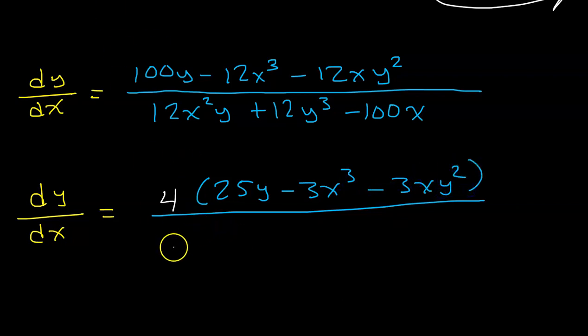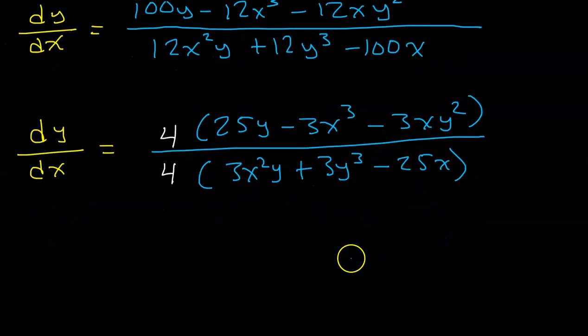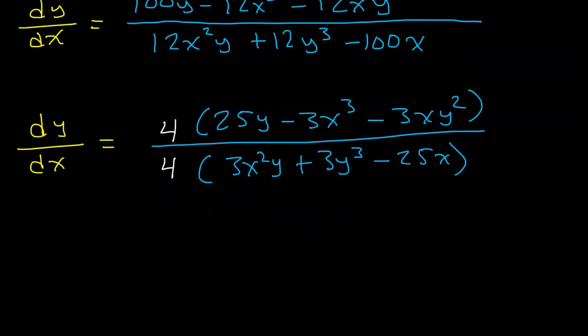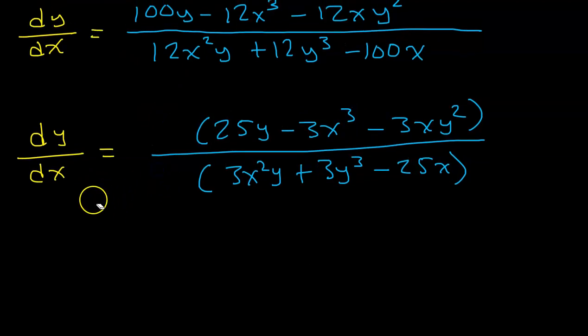And then if I take out another GCF of 4, then that's going to be 3x squared y plus 3y to the third power minus 25x. And of course, these 4's will cancel each other out. All right, so basically here is what you will have. And I think I'll just erase this. So here is your more simplified version of the slope of the curve at any point x comma y.